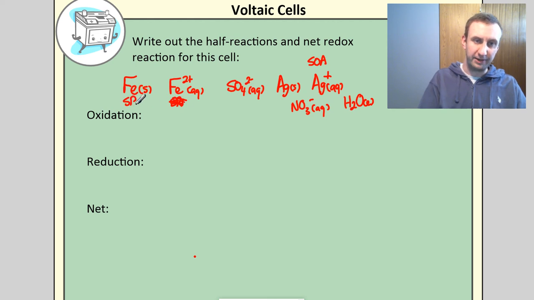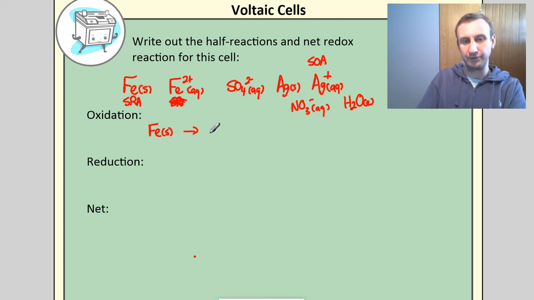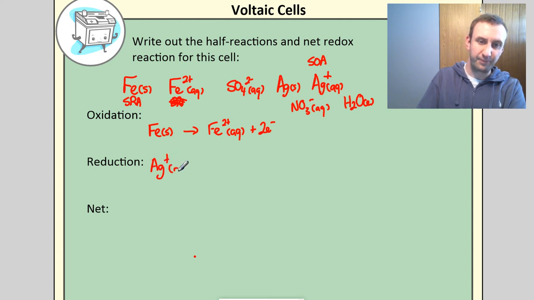So my oxidation is going to be Fe solid reacts to form Fe2+ aqueous and 2 electrons. My reduction will be Ag+ aqueous plus an electron makes Ag solid. So in order to combine this to a net, I'm going to need 2 of the silvers.